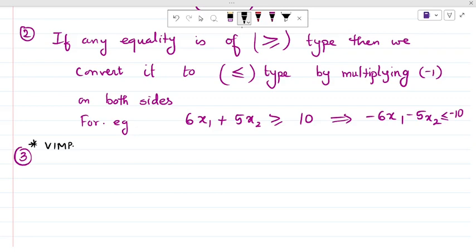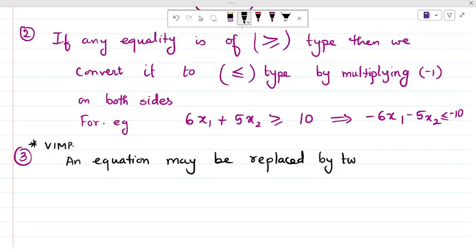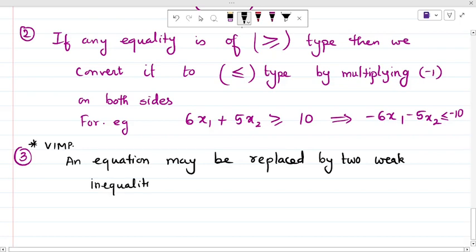An equation may be replaced by two weak inequalities in opposite directions.